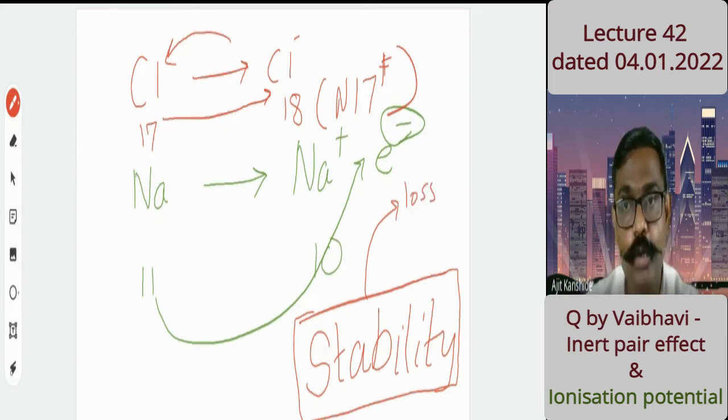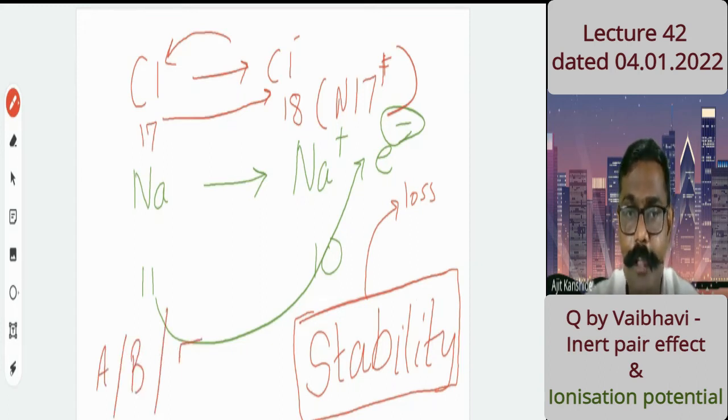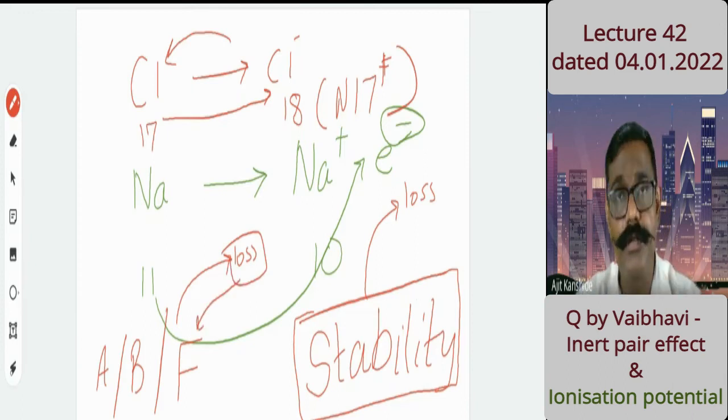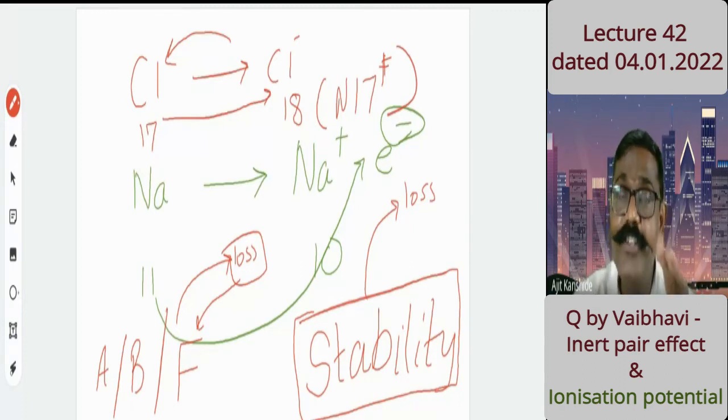So what I want to say is, if there is attraction or a bond formation or a friendship, what is to be done? There should be a loss of energy, then those things will occur. If somebody gives unconditionally, a donation, a giving approach, then only friendship will develop.